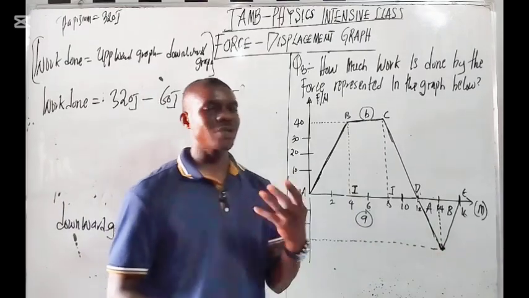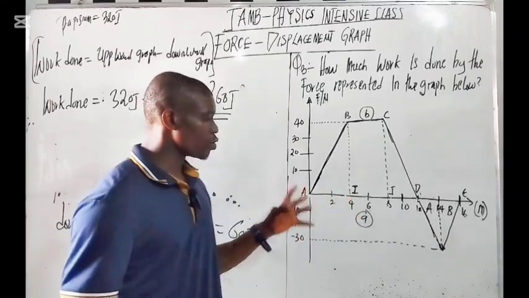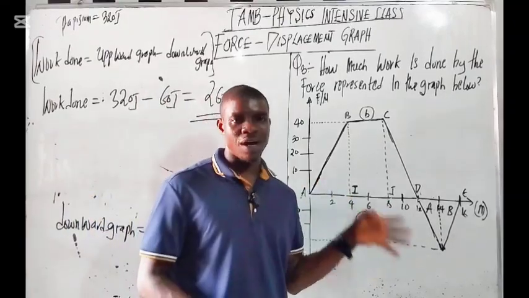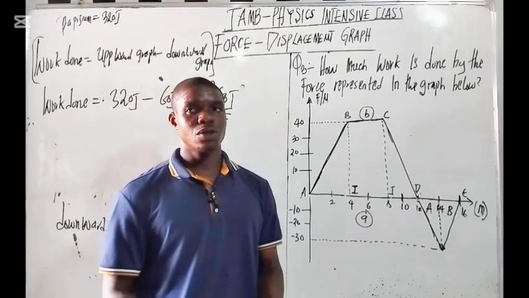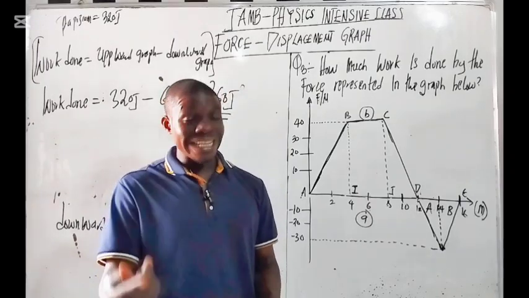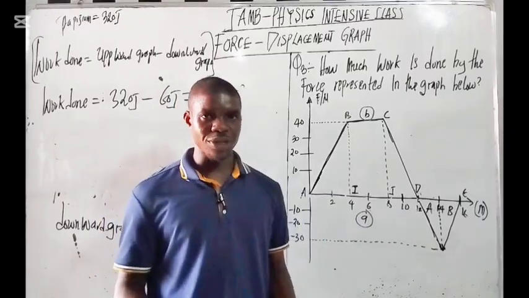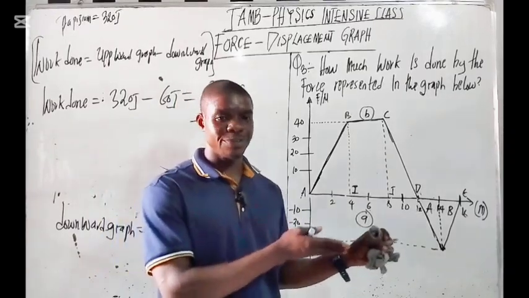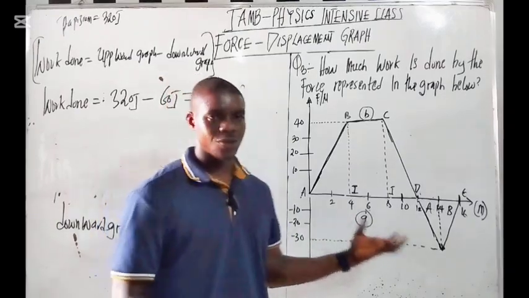From what I discovered so far, JAMB don't normally ask this kind of difficult question, but you cannot underestimate or predict them. So that is why I explained it, so that in case they don't bring the simple one and bring the complex one, you know how to solve it.